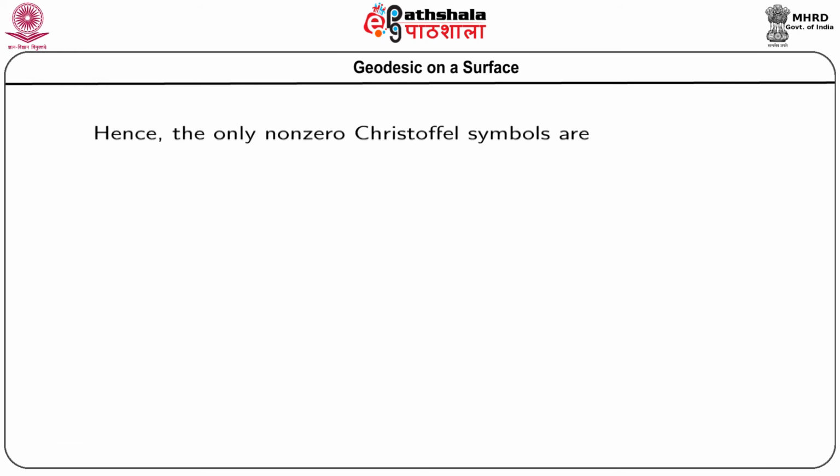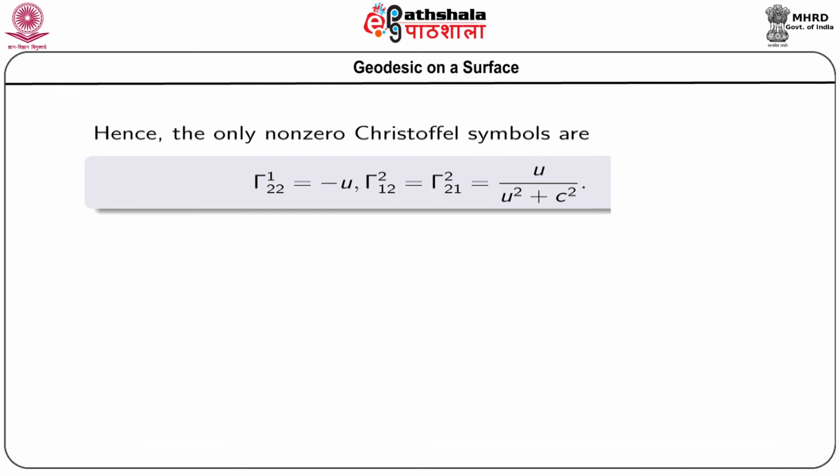Hence, the only non-zero Christoffel symbols are Γ^1_22 equals −u, Γ^2_12 equals Γ^2_21 equals u/(u² plus c²).